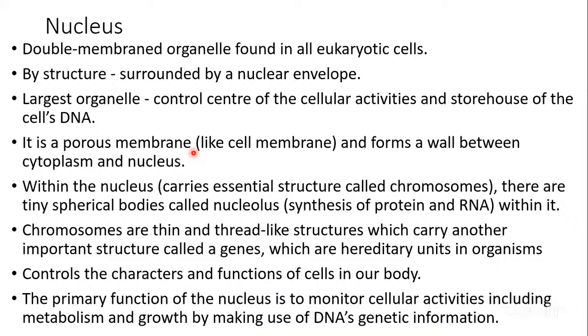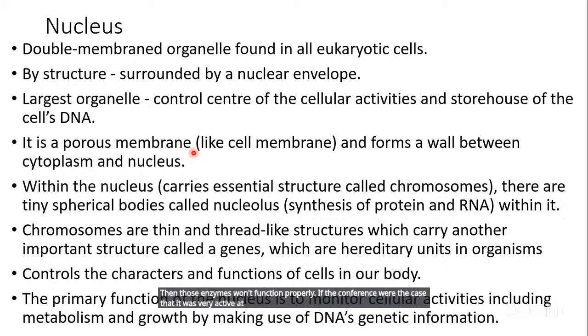And it's designed that way because if there's leakage of hydrolytic enzymes into the cytoplasm, those enzymes won't function properly. If the converse were the case, that they were very active at pH 7.2, then once there is leakage, it will digest the whole content of the cell. Okay, sir.